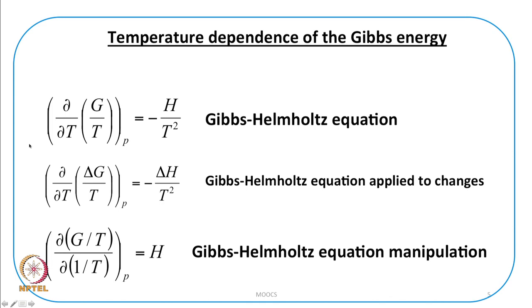What we have shown here is that the partial derivative of G by T with respect to temperature at constant pressure is connected to a very important thermodynamic property, which is enthalpy. So, temperature dependence of Gibbs free energy can be used to get information on the enthalpy of the reaction.